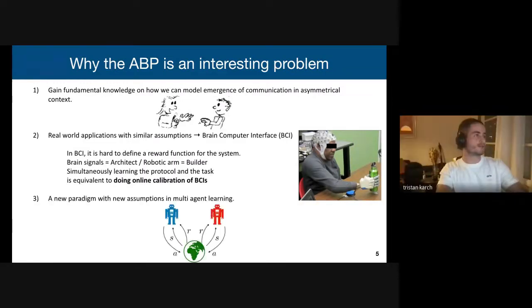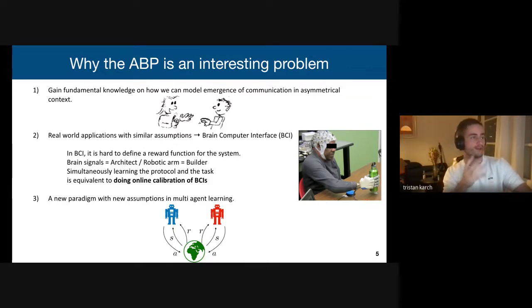So moving on to a third reason why it's an interesting problem, it's also because it's new in the field of multi-agent learning. So if you look at most multi-agent learning systems, all the agents have access to the reward function, and all agents can act.